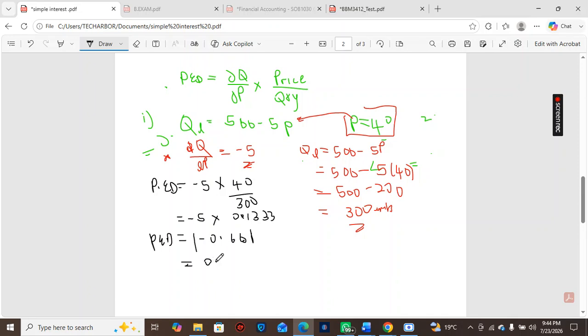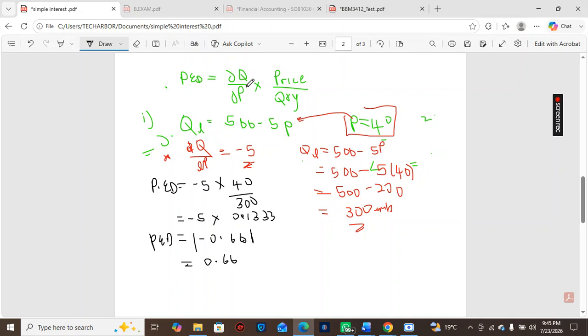We get the absolute value because of the negative relationship between price and quantity. When calculating price elasticity of demand, you're always going to get a negative value, because one variable is increasing while the other is decreasing. If price increases, quantity drops, and if price drops, quantity increases.